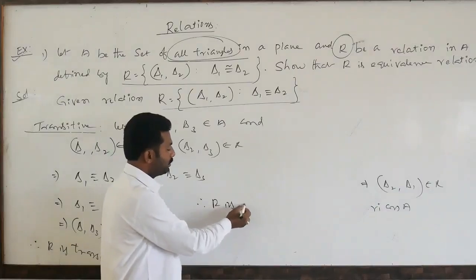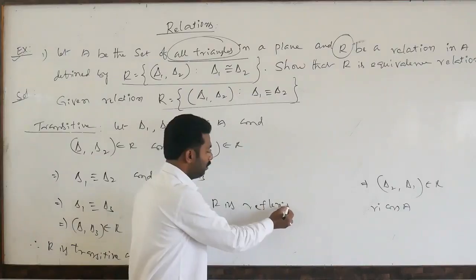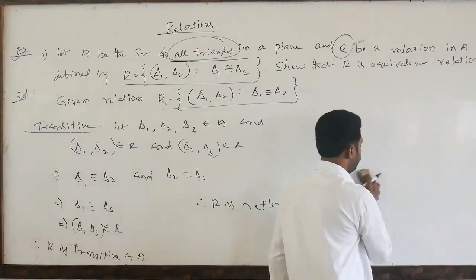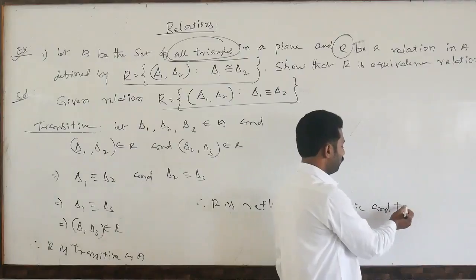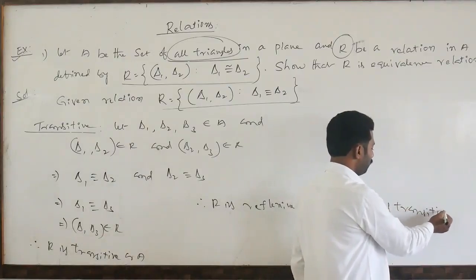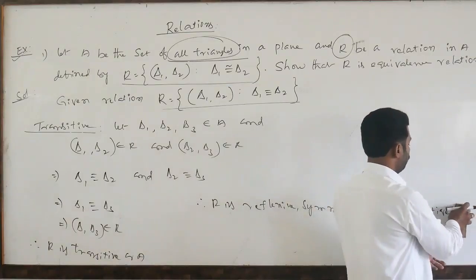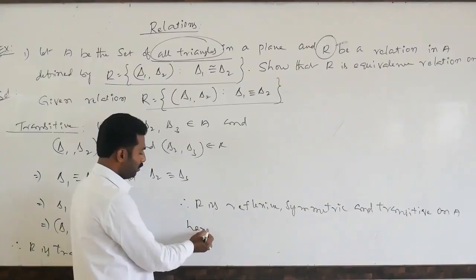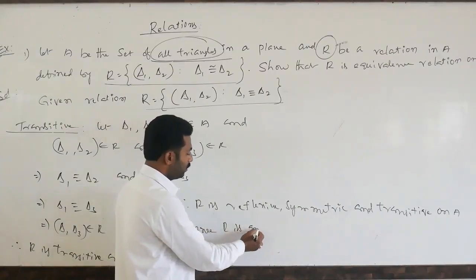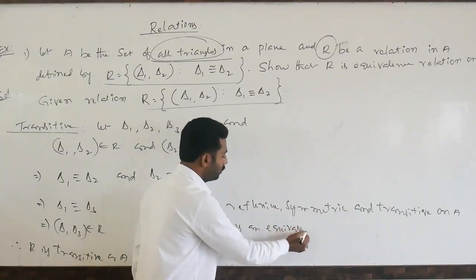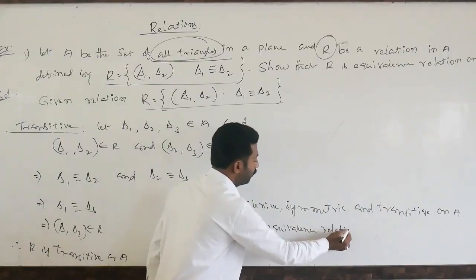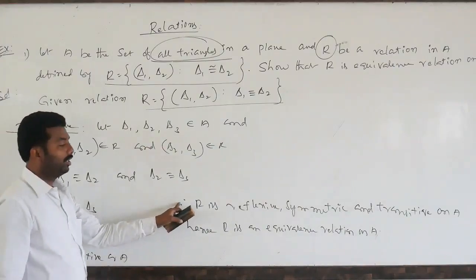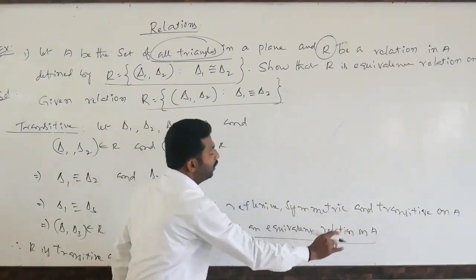Therefore, capital R is reflexive, symmetric and transitive on capital E. Hence, capital R is an equivalence relation on capital E. So, like that we have to prove capital R is an equivalence relation on a given non-empty set.